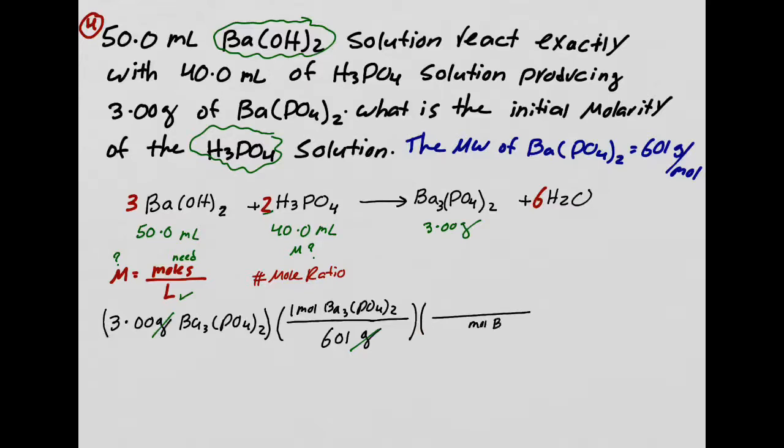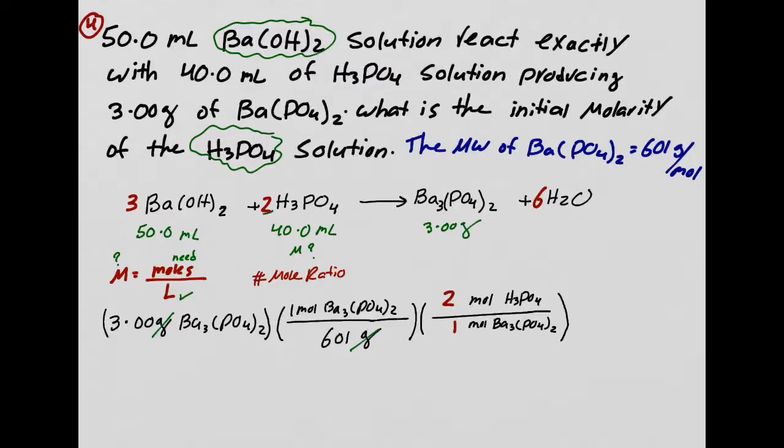That's great. Now, I don't need the moles of barium phosphate. What I need is the moles of phosphoric acid. Coefficients are the mole ratio, right? What is my mole ratio here? I have 2 phosphoric acid for 1 barium phosphate.